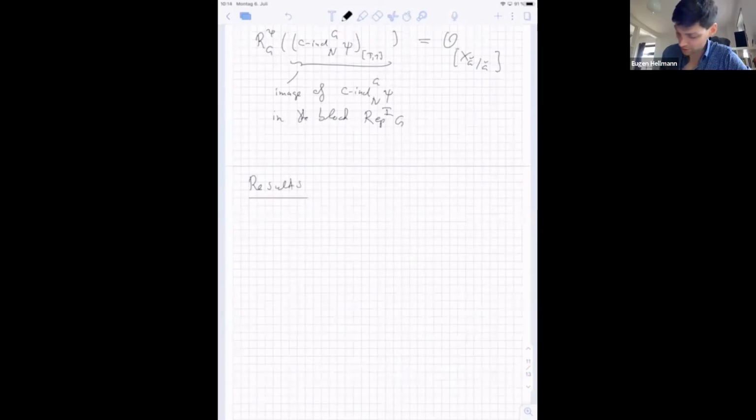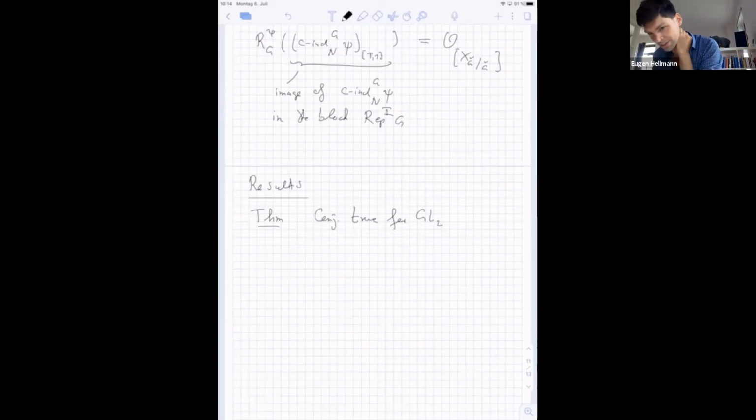Okay, so what are the results? If you deal with something about a reductive group, then I guess the first thing you should check is whether everything works for GL2, which fortunately is okay. And after that, you maybe should try to deal with GLN.